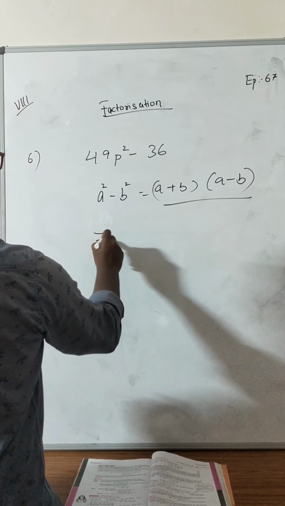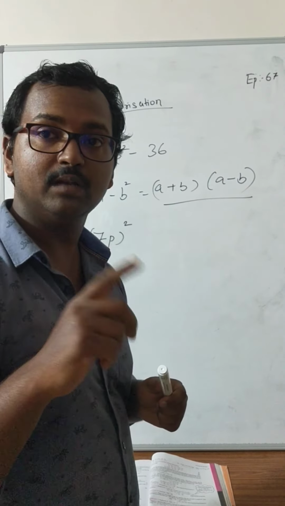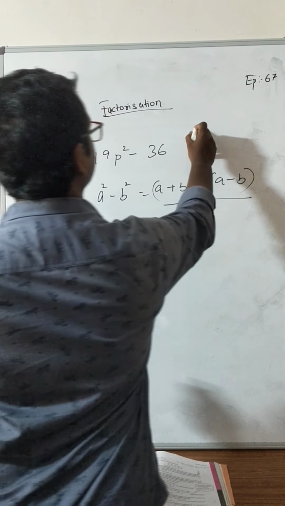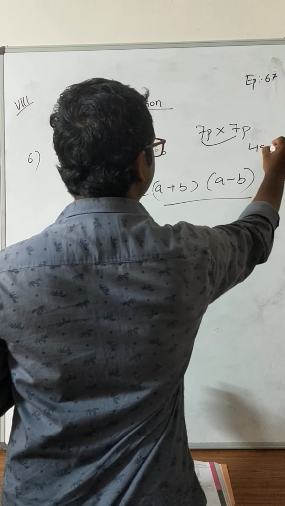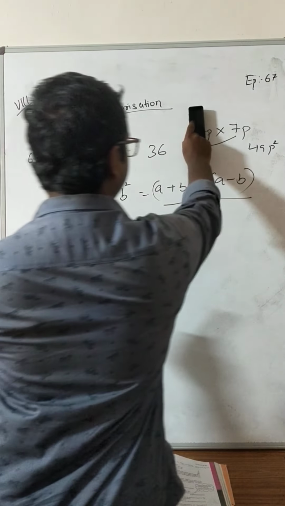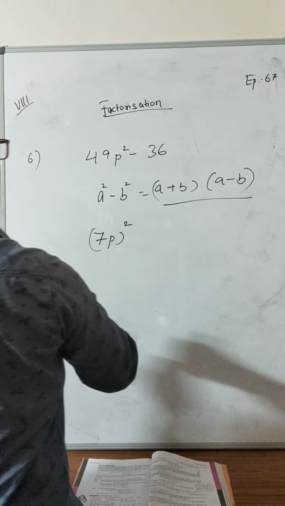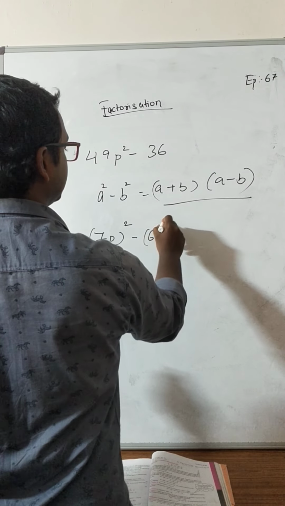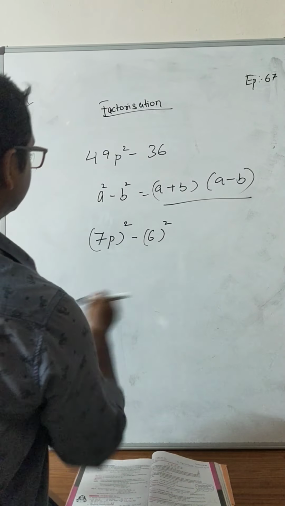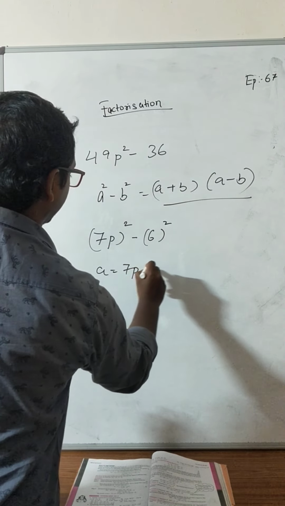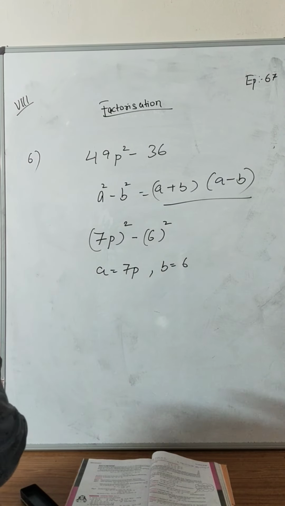49p square can be written as (7p) whole square, because 7p into 7p is 7 into 7, 49, and p into p, p square. 36 can be written as 6 square. Now you can easily identify that a is 7p and b is 6.